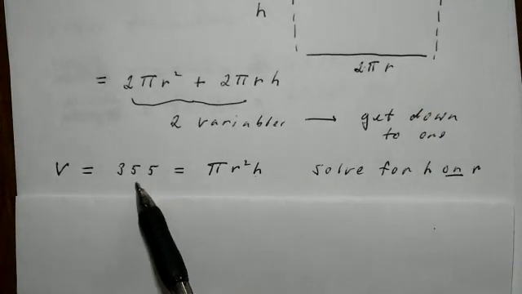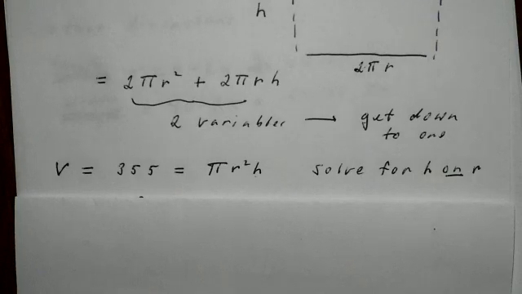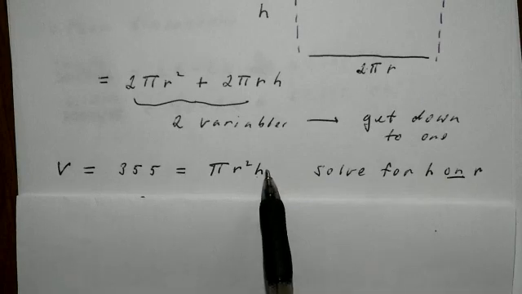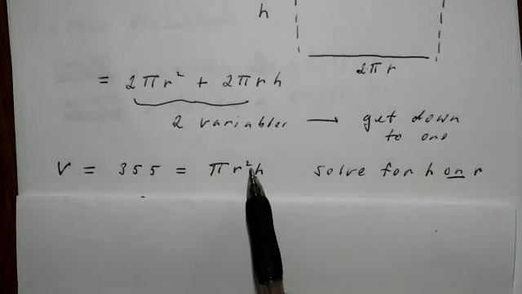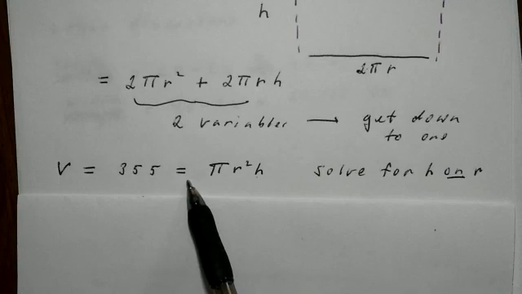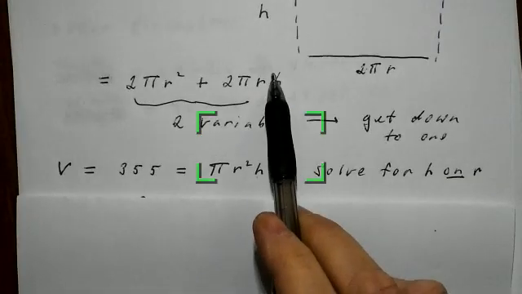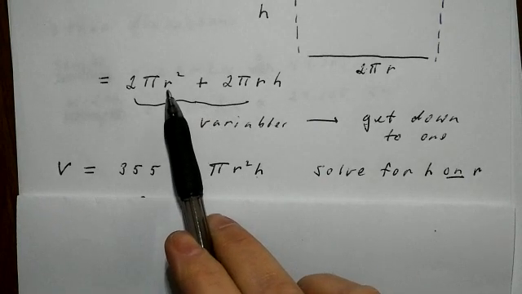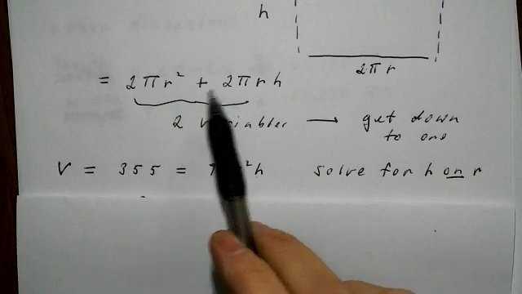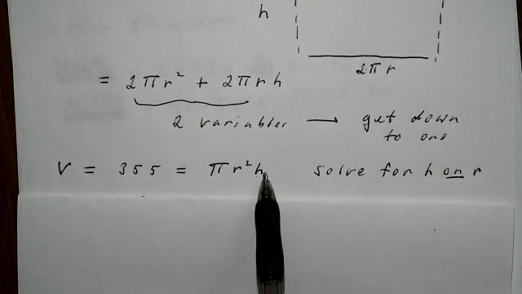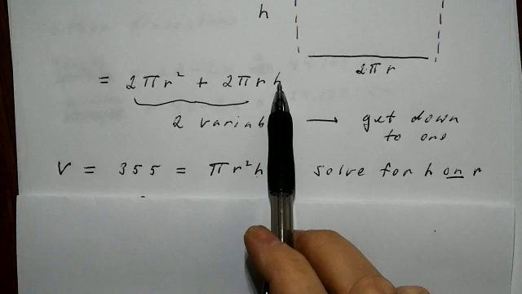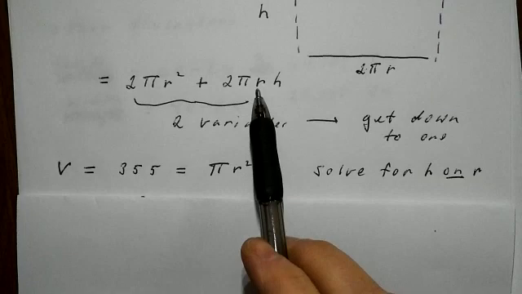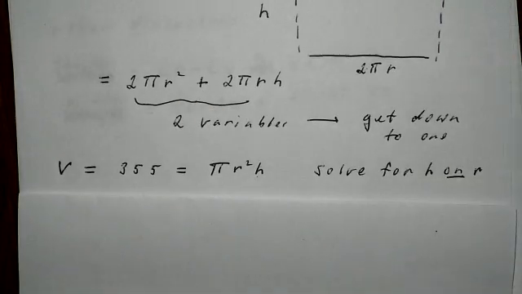Here's where we use the fact that the volume is 355 cubic centimeters, and the volume of the cylinder would be pi times r squared times h. Now we have a couple options. We can solve this for h and substitute it in right there, so we get this in terms of r, or solve for r, so we have r in terms of h, and everywhere we see an r, we substitute that formula.